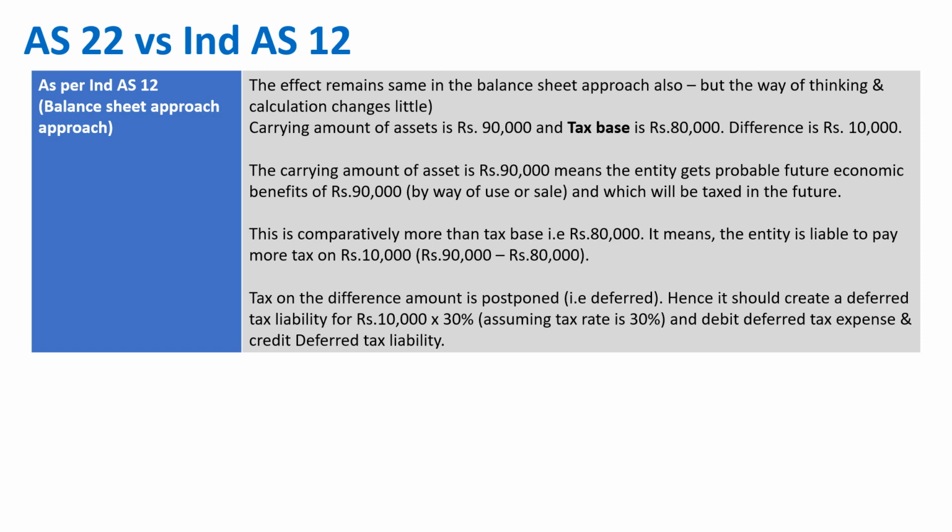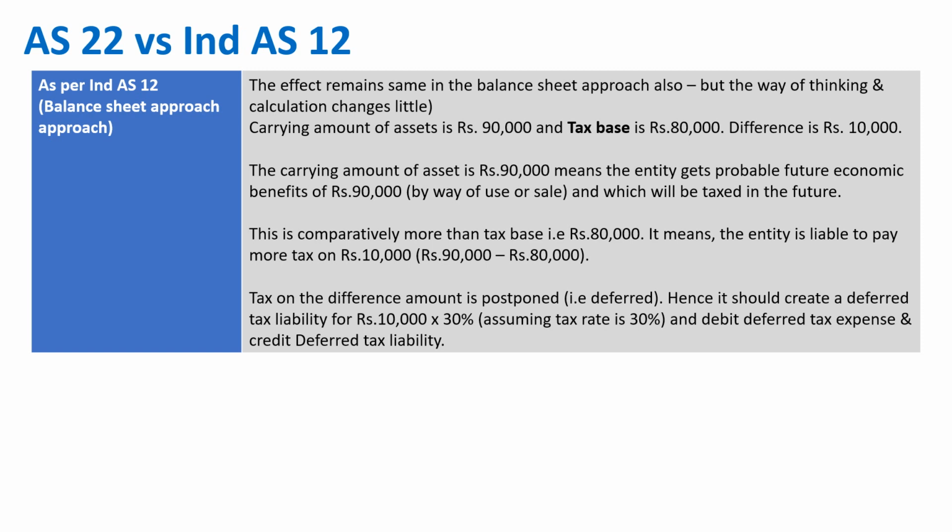The difference is 10,000 rupees. The carrying amount of 90,000 means the entity gets probable future economic benefit of 90,000 rupees by way of use or sale, which will be taxed in future. This is comparatively more than the tax base, that is 80,000 rupees. It means the entity is liable to pay more tax on 10,000 rupees, that is 90,000 minus 80,000.